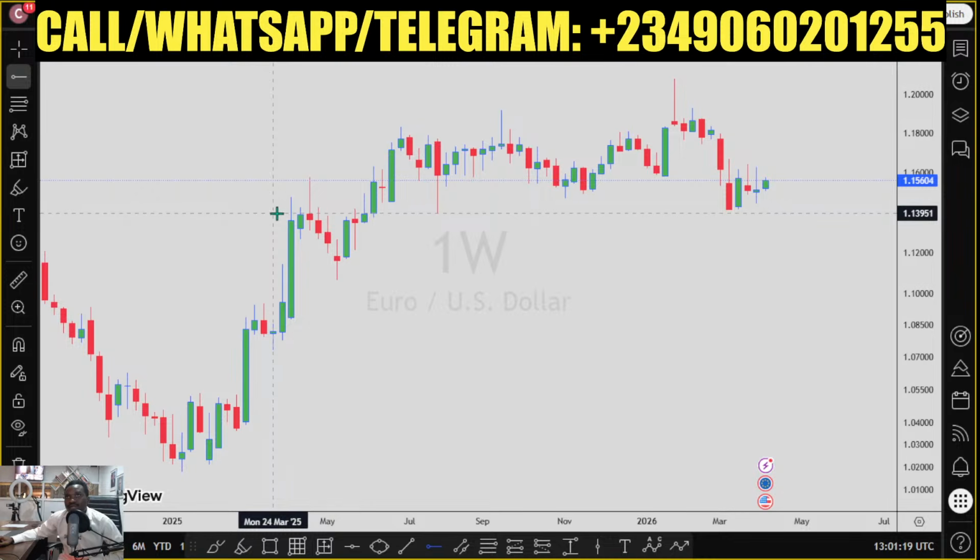We had a level here. You can see how this break of structure gave us a retest of structure, price bounced up, price got rejection here. Now we have another key level resistance. So we've marked important sections out on the weekly chart.